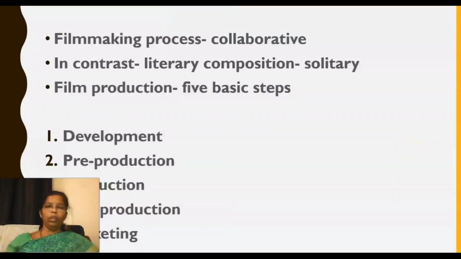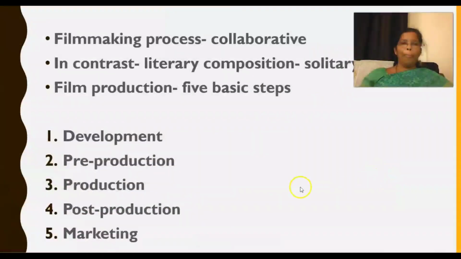Okay, it's all alone, like Wordsworth's The Solitary Reaper, how he talks about a solitary reaper singing a song. The same way, a literary composition is done all alone. One author writing a poem or a novel or a short story or a play or whatever. But in contrast, the filmmaking process is a collaborative process, so we should understand that first.